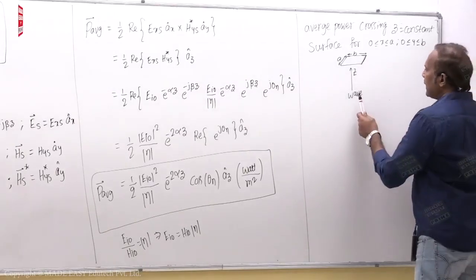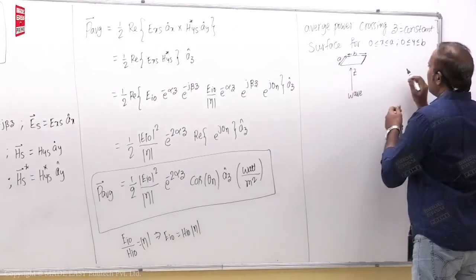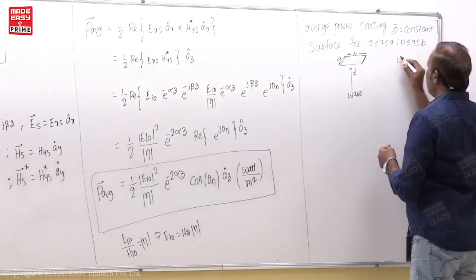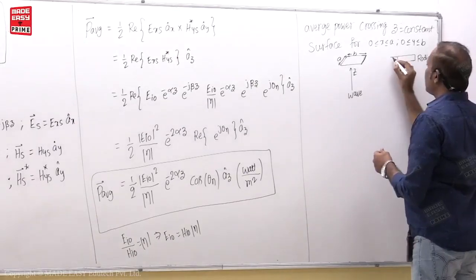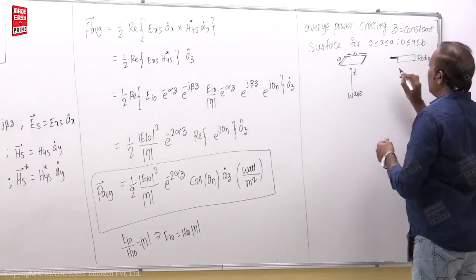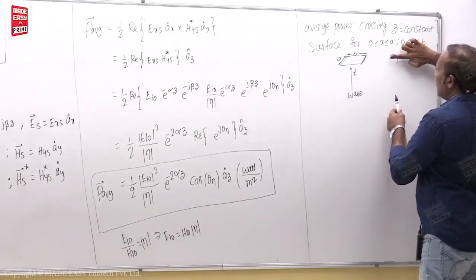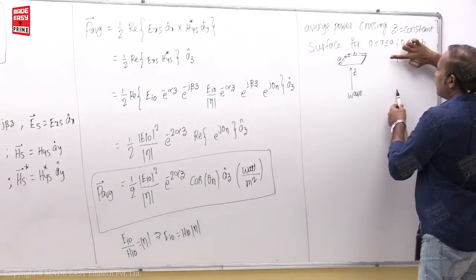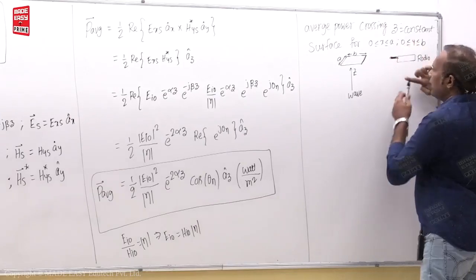So here we are sending an EM wave like this. For example, here a radio is there, and that radio has an antenna. Whatever power tries to cross this area, that much power is received by this receiving antenna.